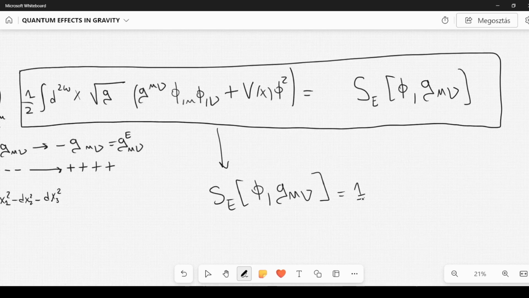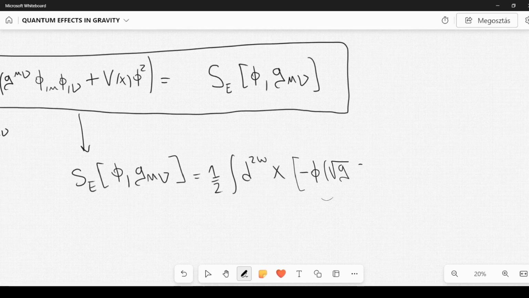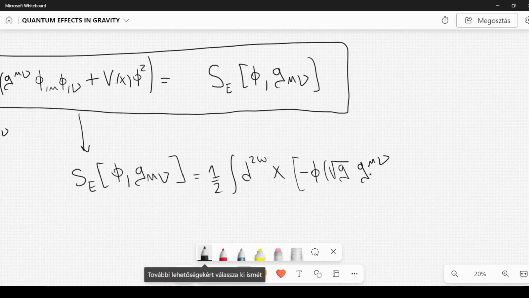This is equal to 1/2 integral d^D x, then we have minus φ square root of g, g^{μν}, then φ_{,μ}, and then we have comma ν of this expression, because we have integrated by parts this term here, so the derivative will only act on this term, and we have changed the sign due to integration by parts.